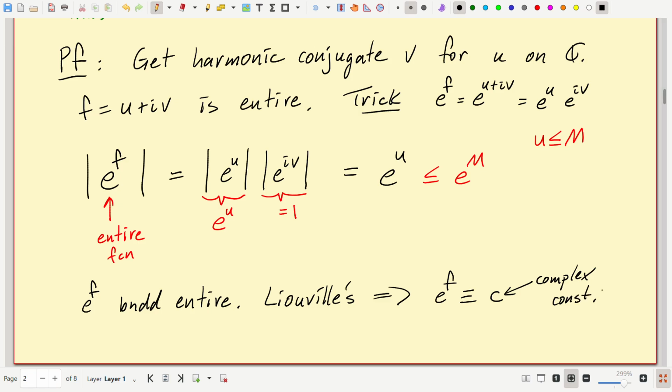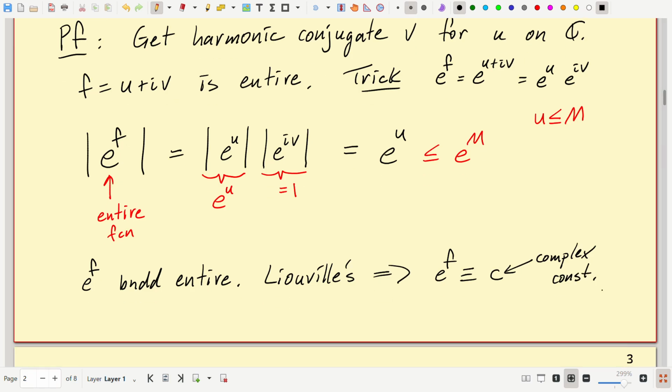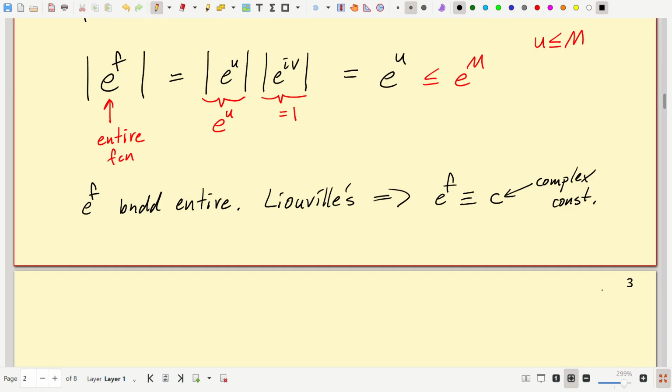And now you ask yourself, is u constant? And the answer, of course, is yes. The easiest way to see it is that I claim u is constant too.